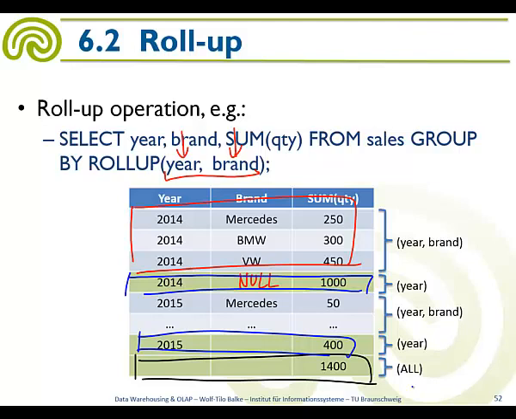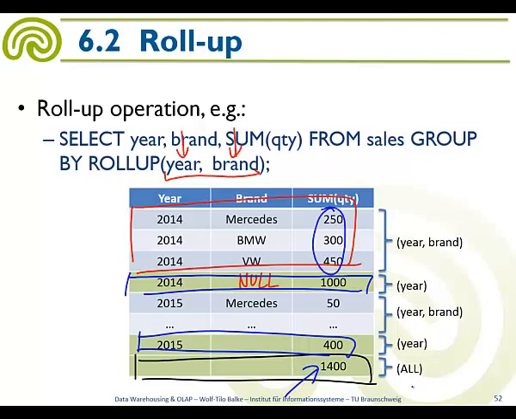So a roll-up computes all the subtotals for all partitions of the data in the grouping set, plus leaving the last one out, leaving the penultimate out, and so on, until you reach the apex. Clear? So how do I compute, for example, these 1400?